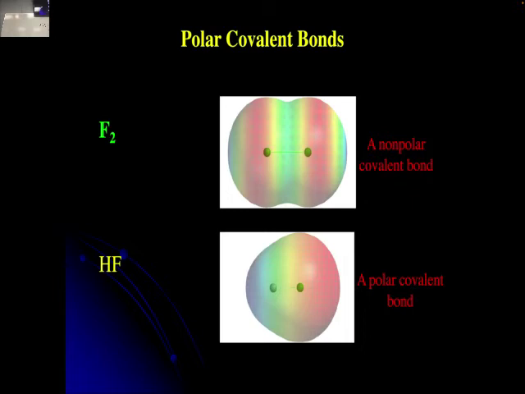However, notice that the hydrogen fluoride looks very different on both ends. And in these computer graphics that get generated, red is more negatively charged, blue is more positively charged, right? So what is this telling us? It's very off balance. Fluorine's more electronegative.